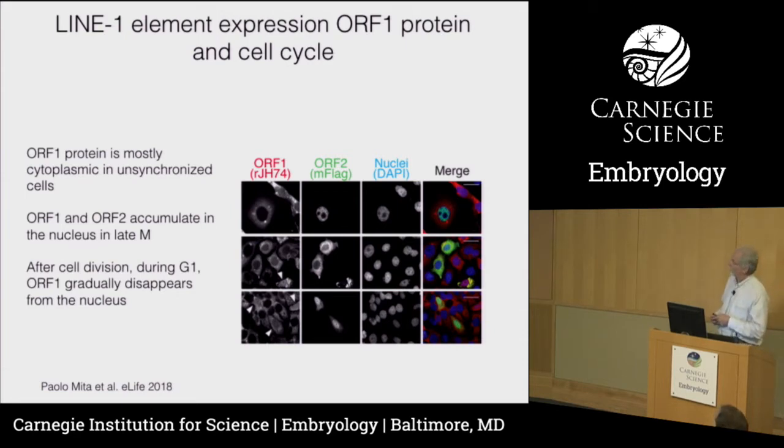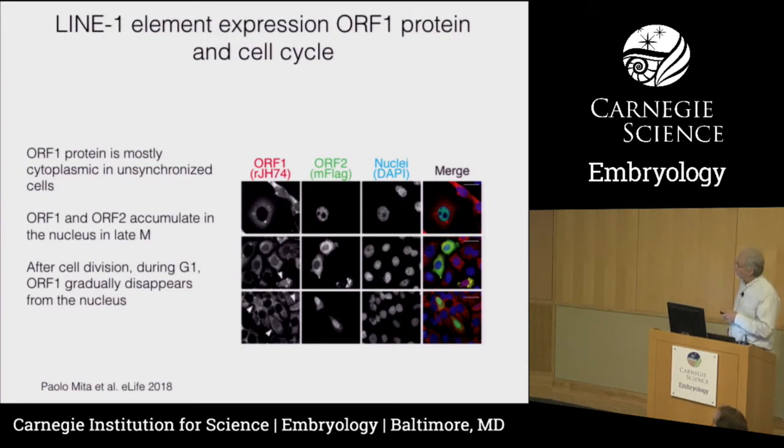And to get a good answer to this question required the development of some really good reagents. So Paulo became quite expert at looking at the proteins, both the ORF1 and the ORF2 proteins, and developing tools for following those throughout the cell cycle.